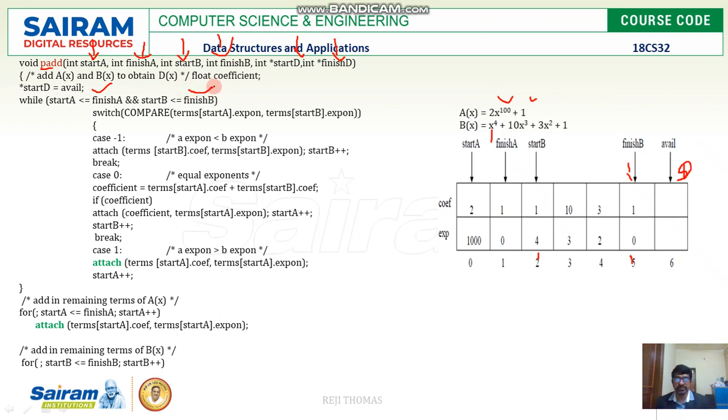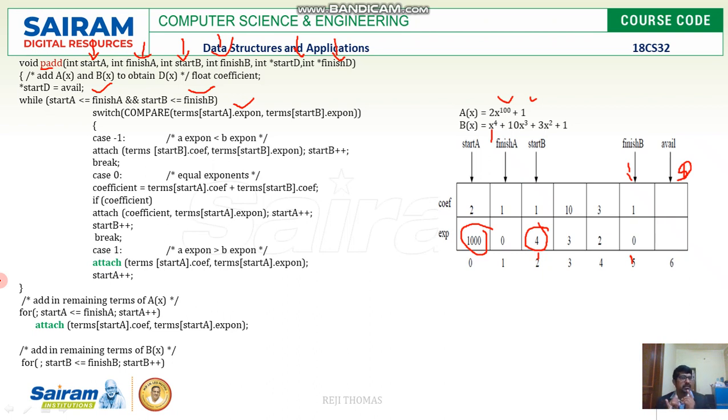If both cases are okay, you are going to compare. What is the comparison? You compare the exponent value of start A and B's exponent value. When I compare it, I'll have three cases.